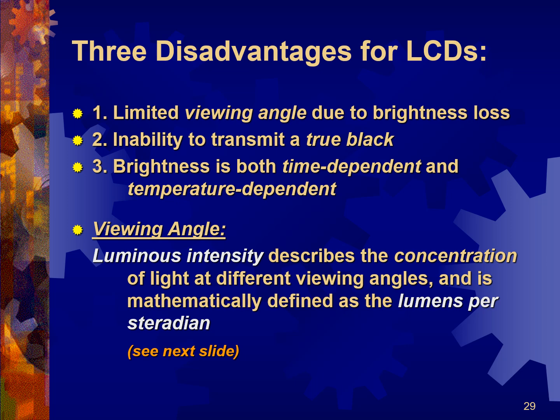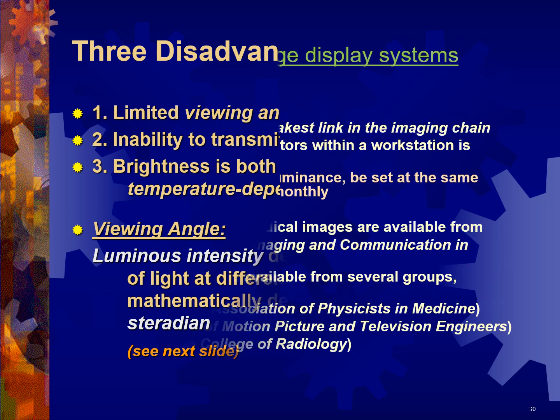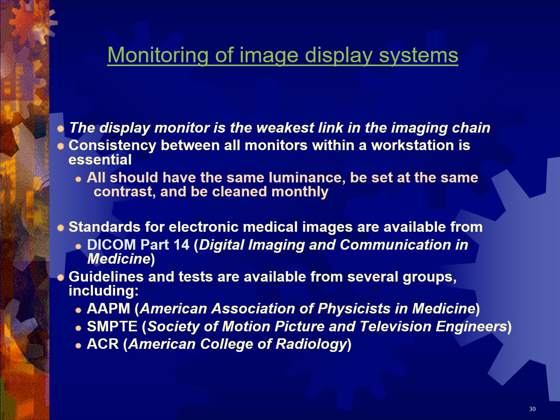Viewing angle. Luminous intensity describes the concentration of light at different viewing angles and is defined as lumens per steradian. So the display monitor is the weakest link in the imaging chain.